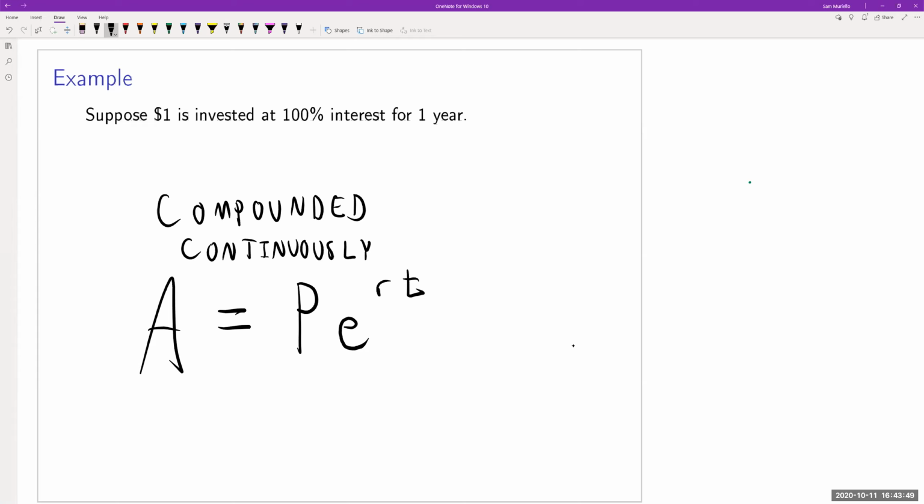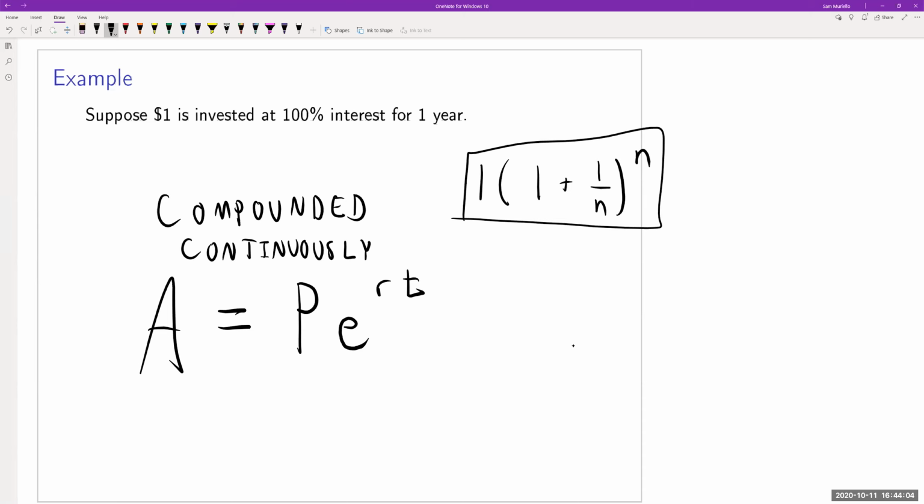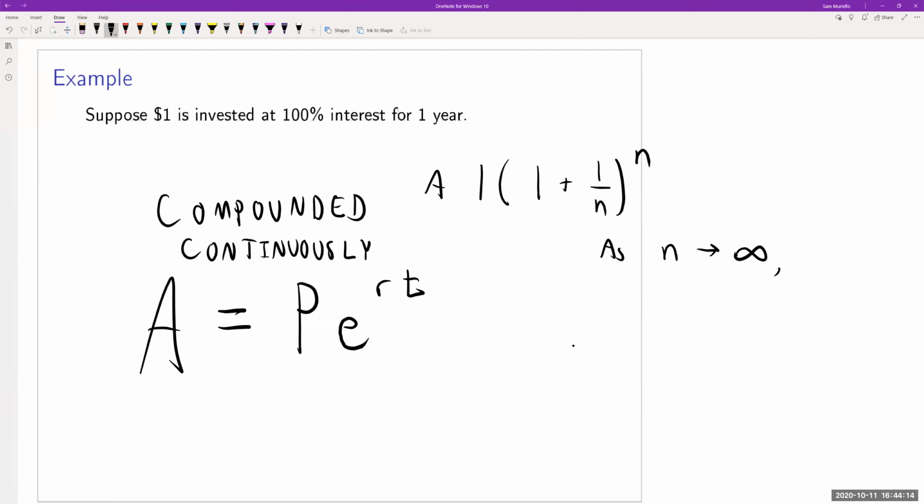To summarize what we had on the Excel document, we were saying that if we considered 1 times 1 plus 1 over n to the power of n, which is the formula that we were using, as n gets very large, in other words, as n approaches infinity, let's say that this was equal to our amount, the amount approaches e.